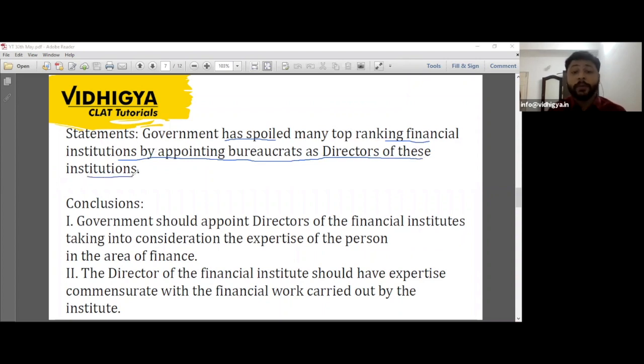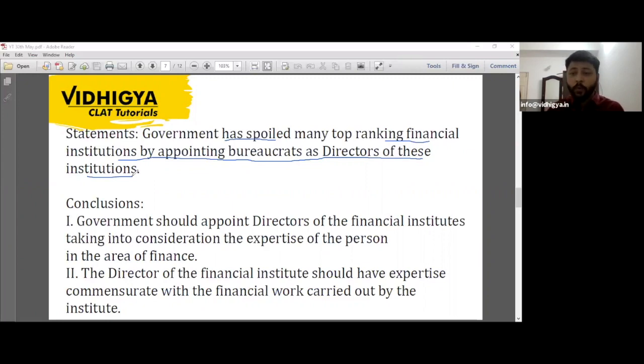क्या हुआ है? Government has spoiled many top-ranking financial institutions. तो top-ranking financial institutions जो हैं, government has spoiled these. How? By appointing bureaucrats as the directors of these institutions.